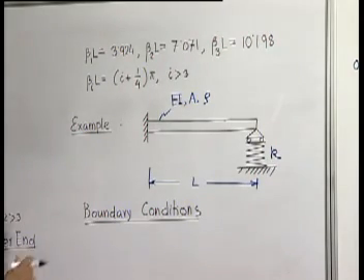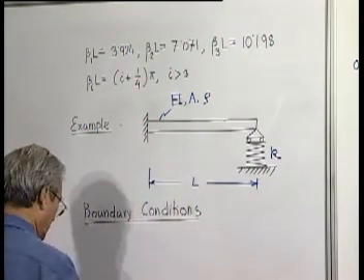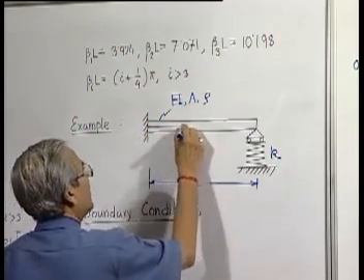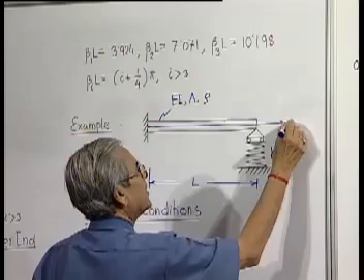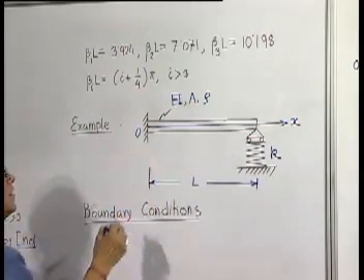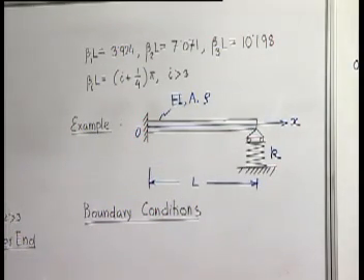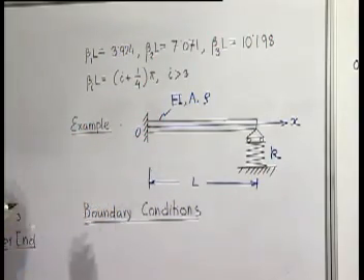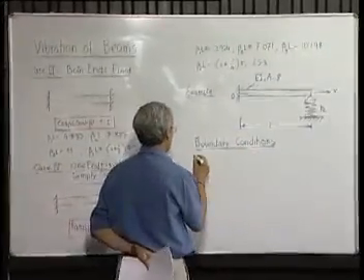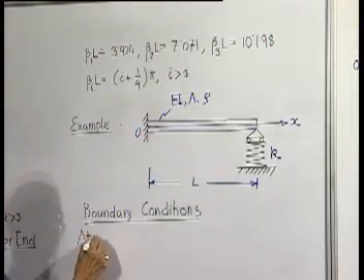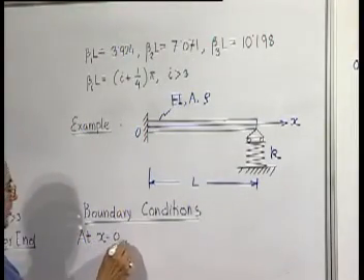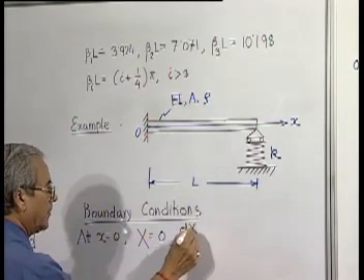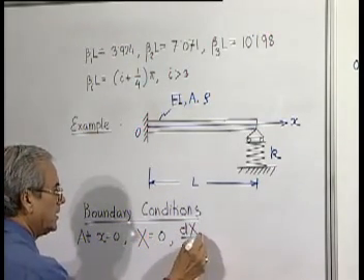Now here we find that at x equal to 0, obviously we have taken the same kind of coordinate system as we have been doing always. At x equal to 0, the deflection is 0 and slope also is 0. So at x equal to 0, x is 0 and dx.